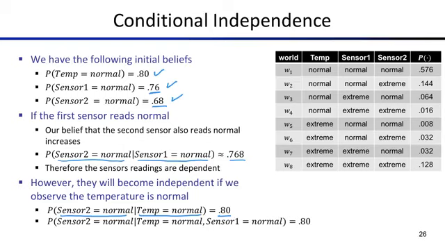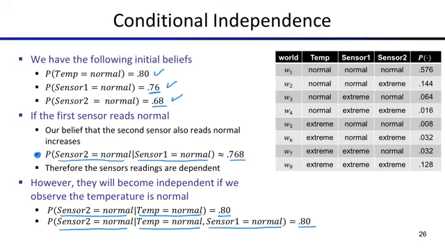But if we add another piece of information, that is the reading of sensor 1. So we saw here that sensor 2 was not independent from sensor 1. Reading sensor 1 first would change our beliefs in sensor 2, but now that we know that the temperature is normal, look what is happening here. The probability of sensor 2 being normal continues to be 0.8.